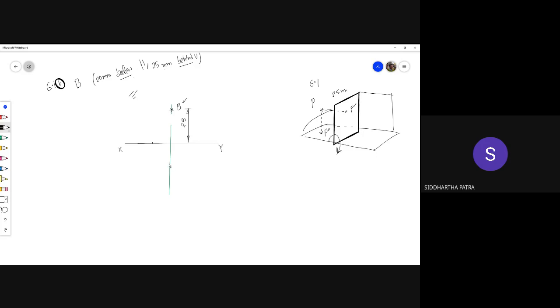So this is now the vertical projection, this one.